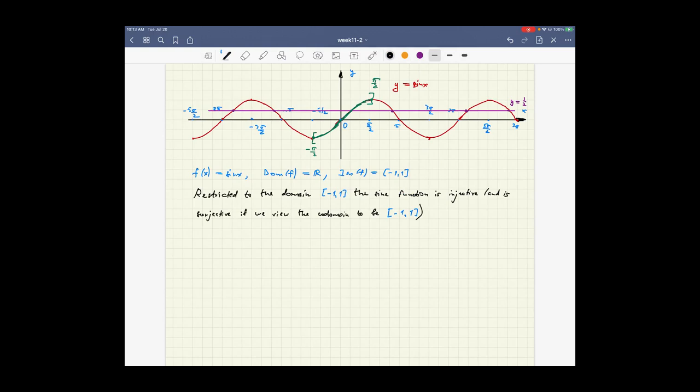In other words, the sine function is bijective, again on this restricted domain, and being bijective, it has a unique inverse.